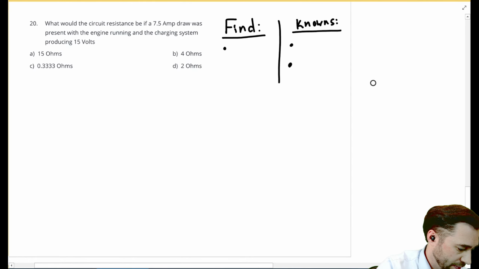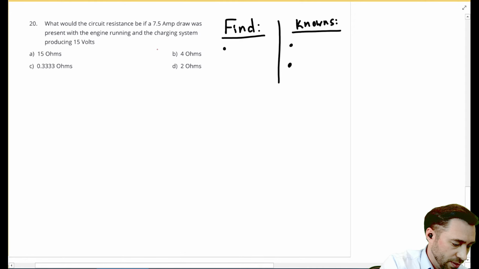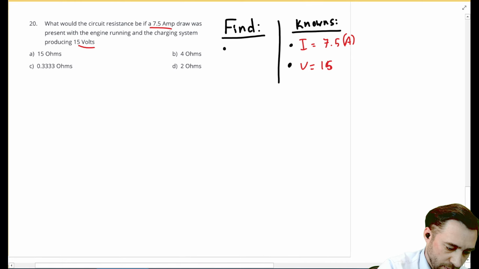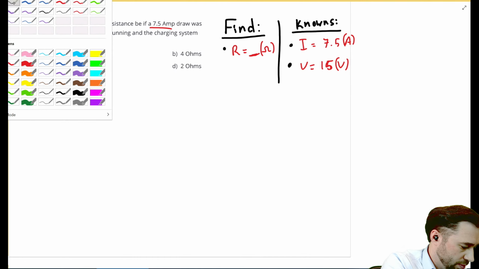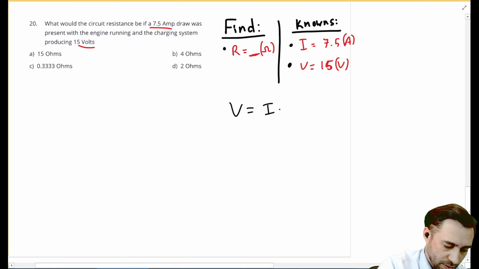Cool, appreciate it. So what would the circuit resistance be if there was a 7.5 amp draw? So current is equal to 7.5 amps, and charging the system of 15 volts. The resistance, so R, it's going to be in ohms. So voltage is equal to current times resistance.